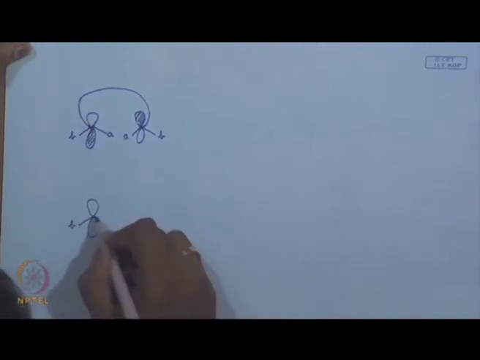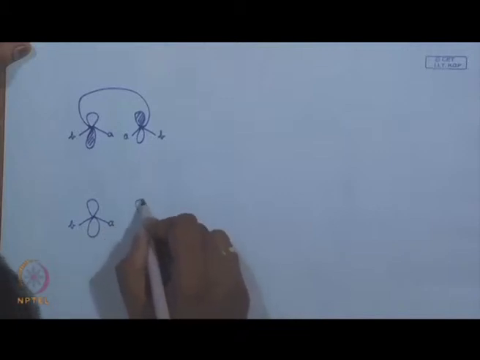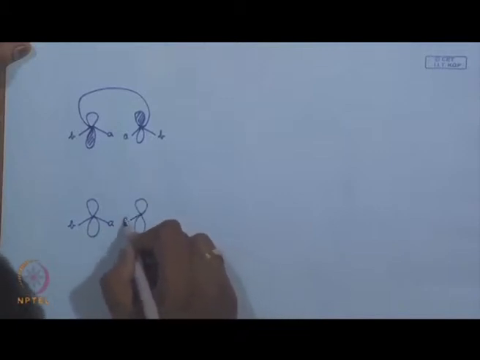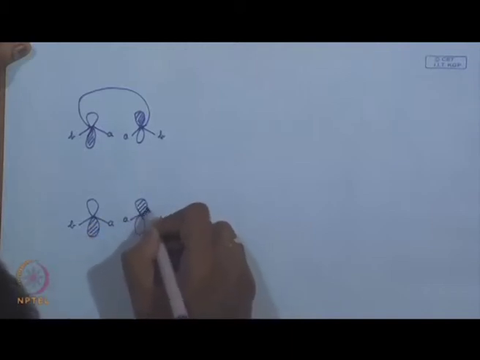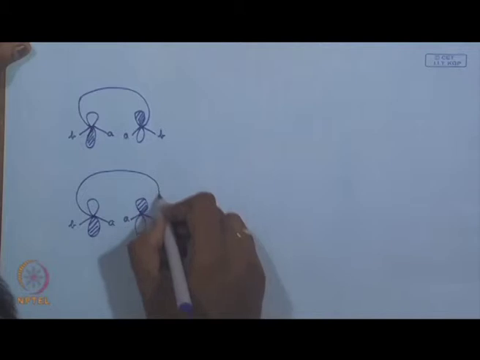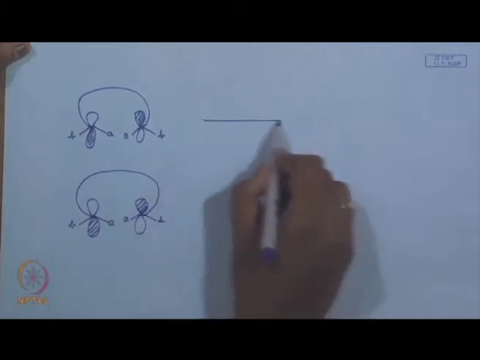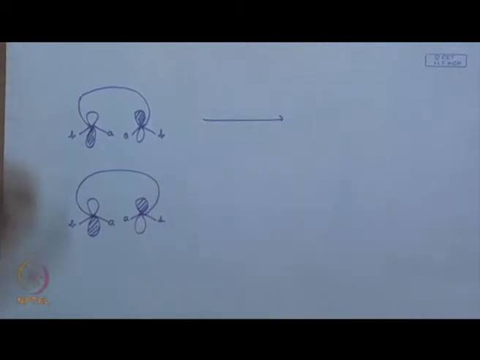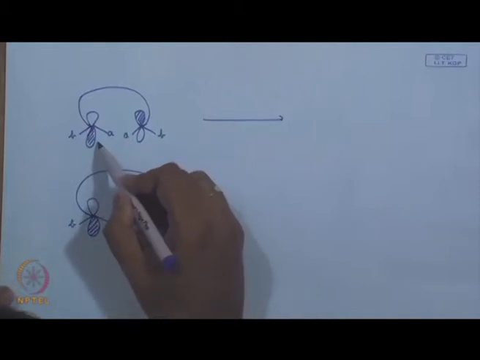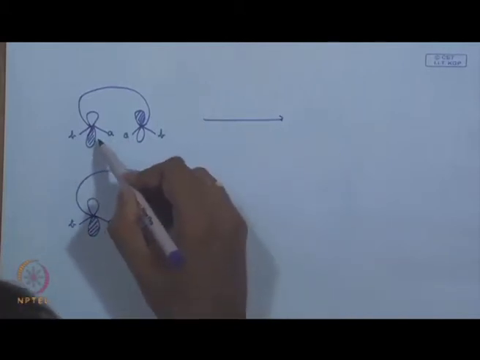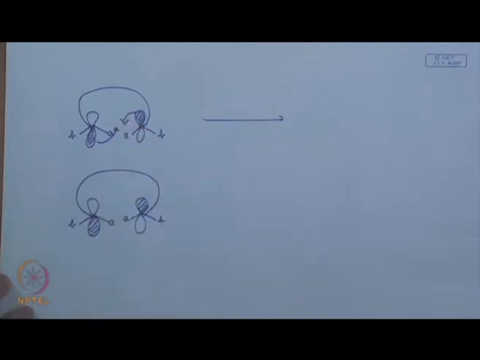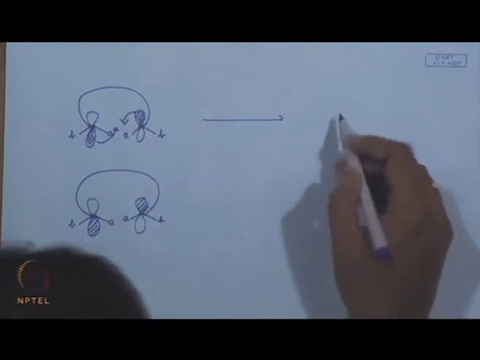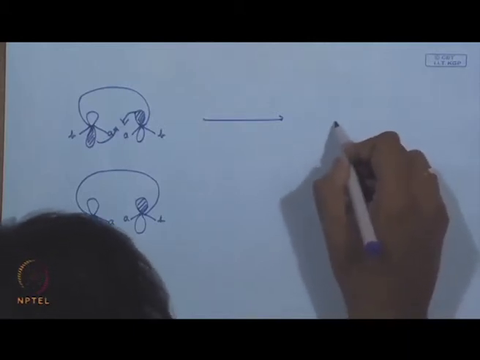I will just draw the substituent. Now you think about what happens. In this case, to create a bonding, I have to either move this and I have to move this, right. Then I will get a bonding or anti-bonding thing.